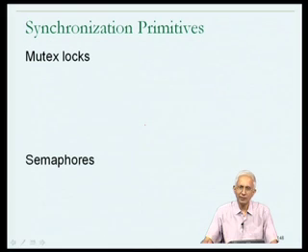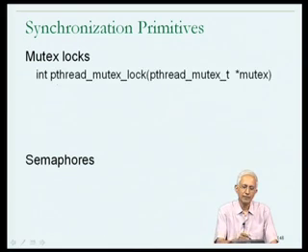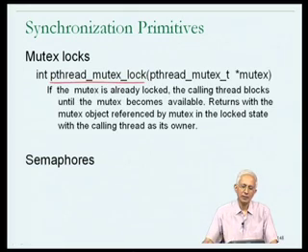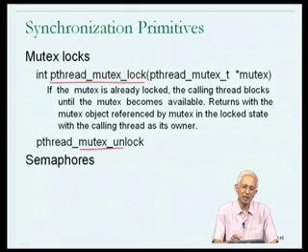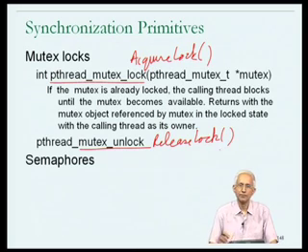We find that there are functions for doing operations on locks. For example, there is the pthread mutex lock function and the pthread mutex unlock, which serve the role of acquire lock and release lock in our earlier terminology.